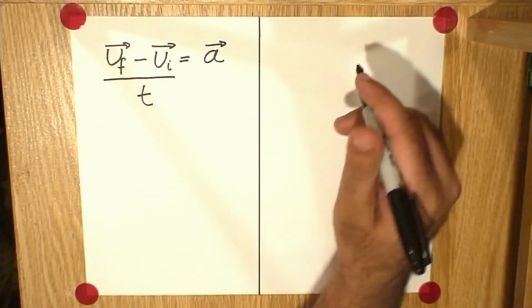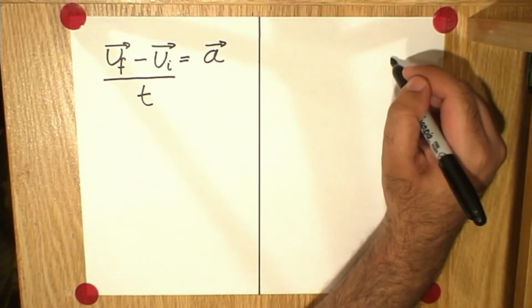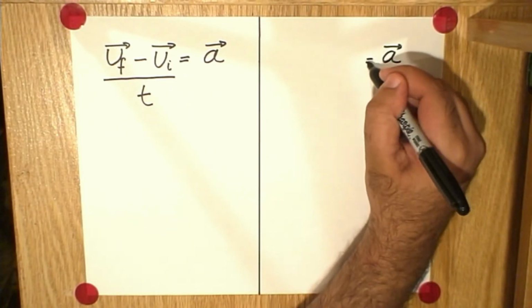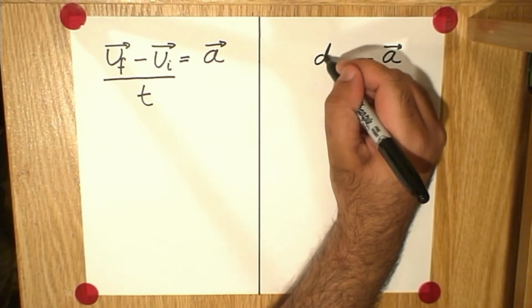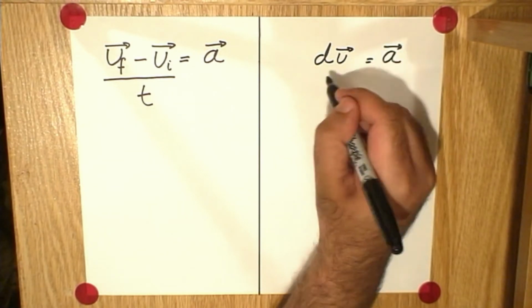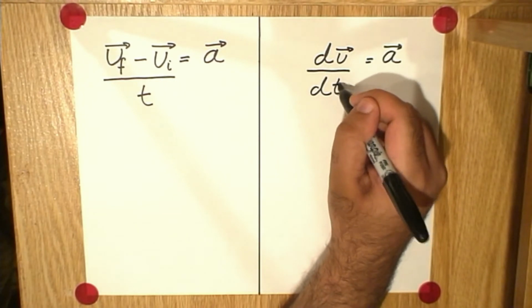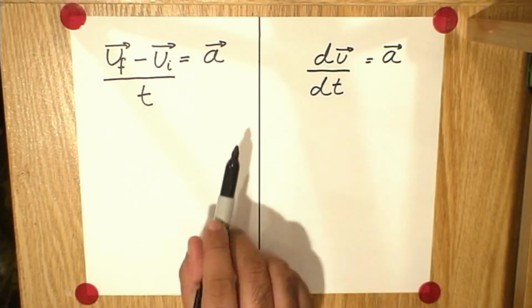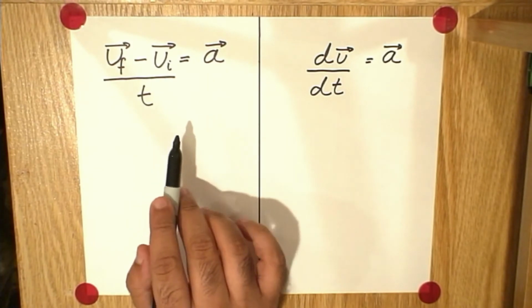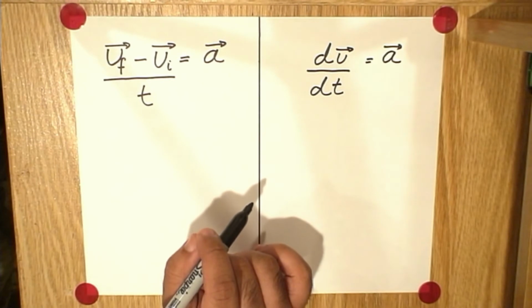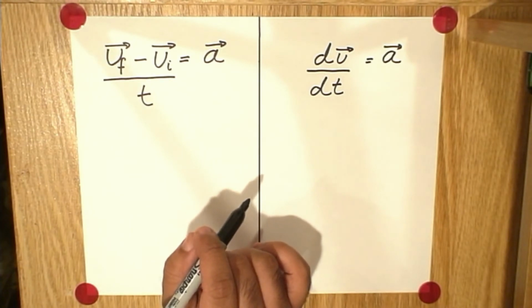In the 103 class, the related definition looks something like this. Acceleration is equal to the derivative of velocity over time.